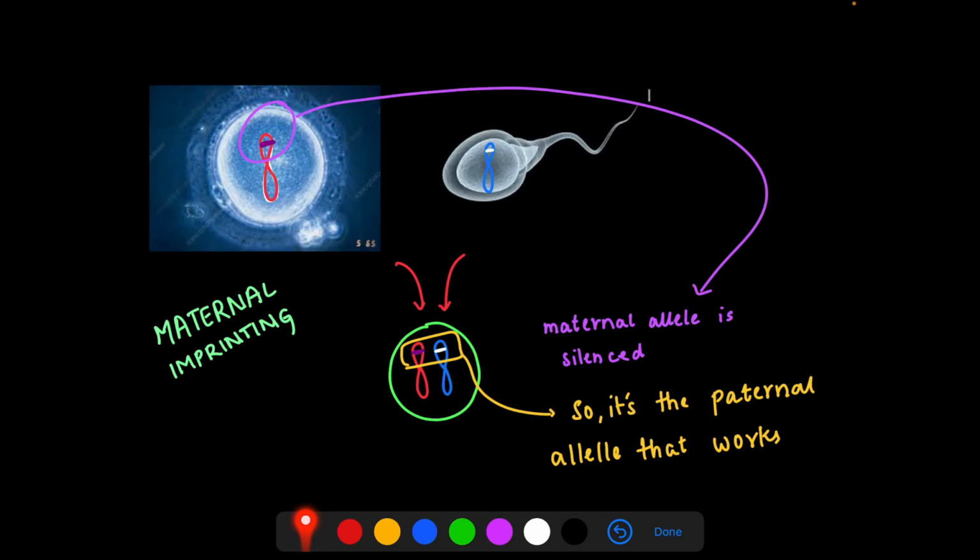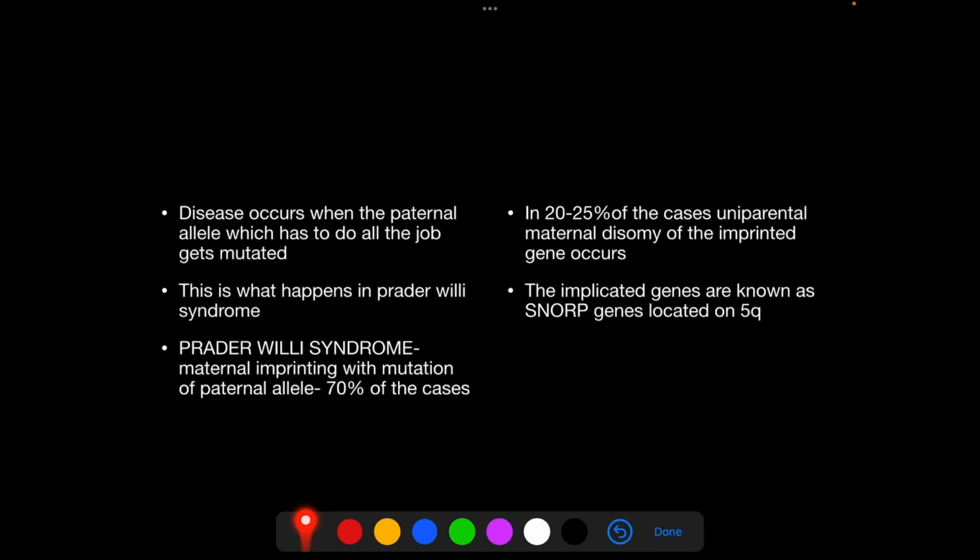Now, the disease happens when the paternal allele is getting mutated. This is what happens in Prader-Willi syndrome. It's characterized by maternal imprinting with mutation of paternal allele, which occurs in 70% of the cases.